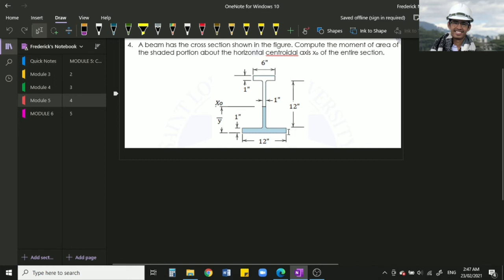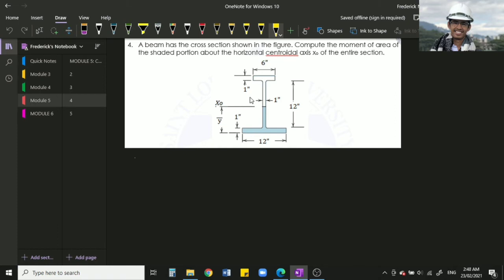So we can divide it into 3, so that we can get the bar Y. We only need the bar Y here, to get the moment of area of our shaded portion about the centroidal axis XO, because we need bar Y to know where XO is.